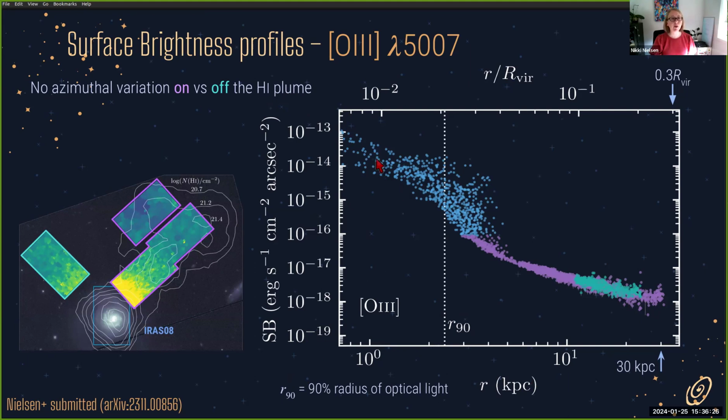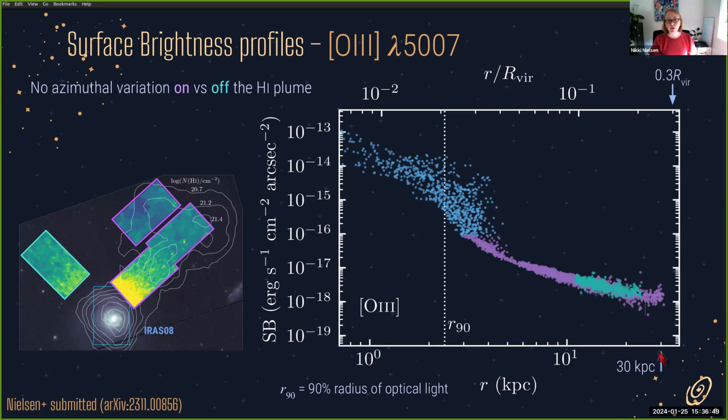The points are colored by where the gas is located on the galaxy. The blue points are basically within the disk of IRS-08, the purple points are on this H1 plume, and the cyan points are off the H1 plume. And what we find is that the surface brightness decreases with distance, as we expect.